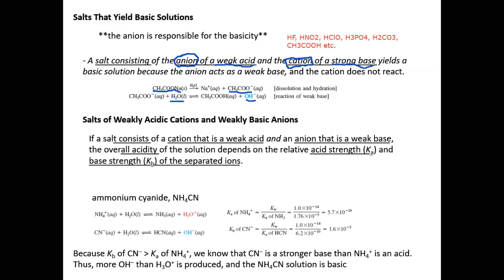So other examples of weakly basic solutions could be things like potassium nitrite, sodium hypochlorite, strontium carbonate, sodium bicarbonate, barium fluoride, potassium acetate.